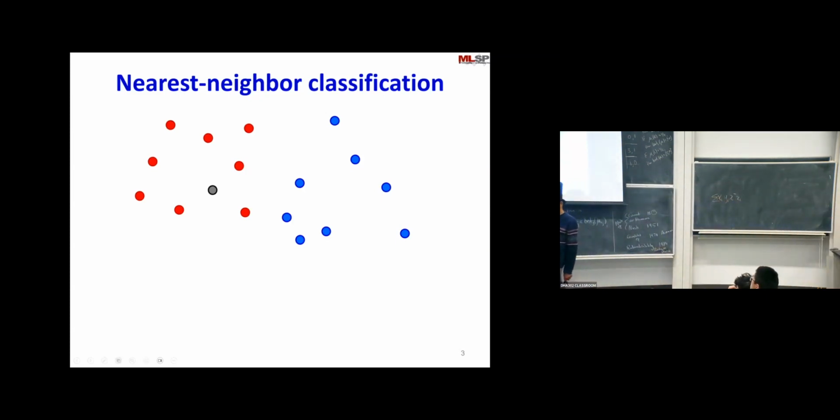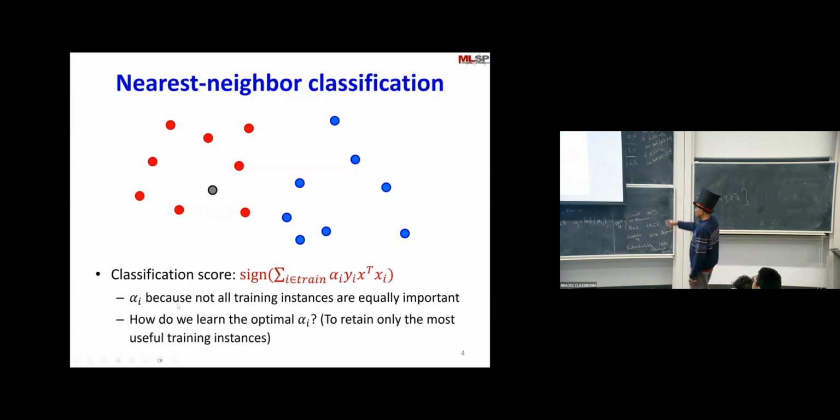You agree? Right? And so I can just say sign, because I want to decide if this belongs to the positive class or if it belongs to the negative class. Right? And so that's my nearest neighbor classification. Alpha_i, because not all training instances are equally important.